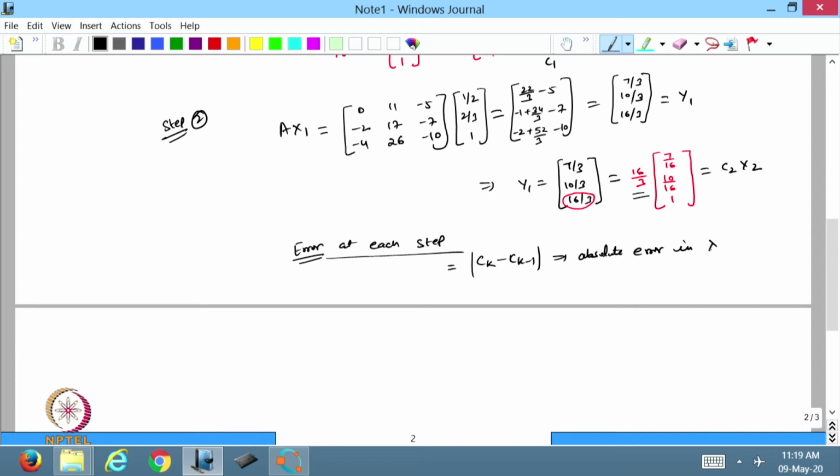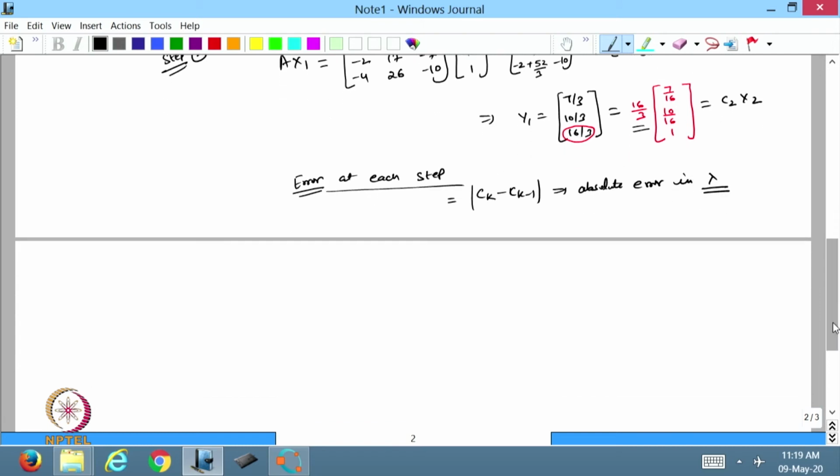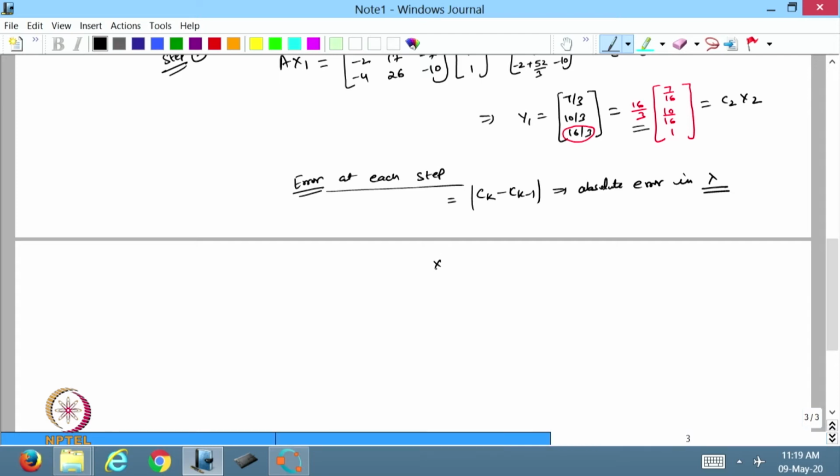in lambda or C, whatever we are going to find, that is the eigenvalue. So, this is the one error I can find, and the other one I can find is the error in the eigenvector. So, in the eigenvector I will find x2 minus x1 modulus and then the maximum. So, it is an L2 norm I will find out.